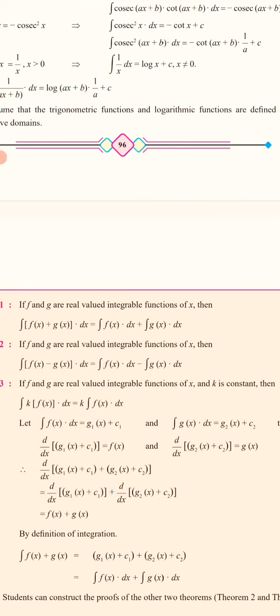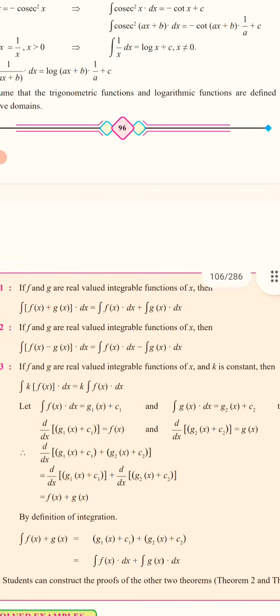Here we are taking the derivative of separate terms. So it is equal to f of x plus g of x. By the definition of integration, integration of f of x plus g of x is equal to g1 of x plus c1 plus g2 of x plus c2, which is equal to integration of f of x dx plus integration of g of x dx.